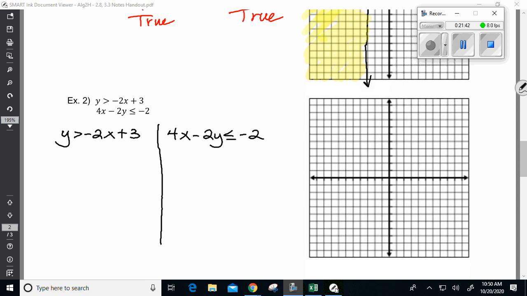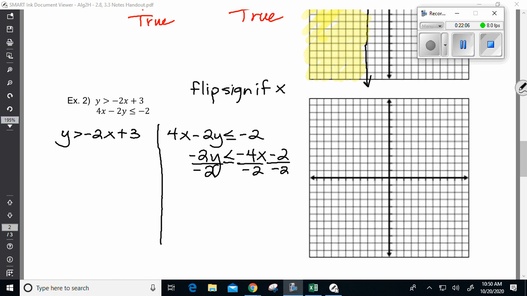So 4x minus 2y is less than or equal to -2. If you're putting that back into slope-intercept form, move the 4x to the other side. And because you have to divide by -2, you still have to flip the sign if you're multiplying or dividing by a negative number.